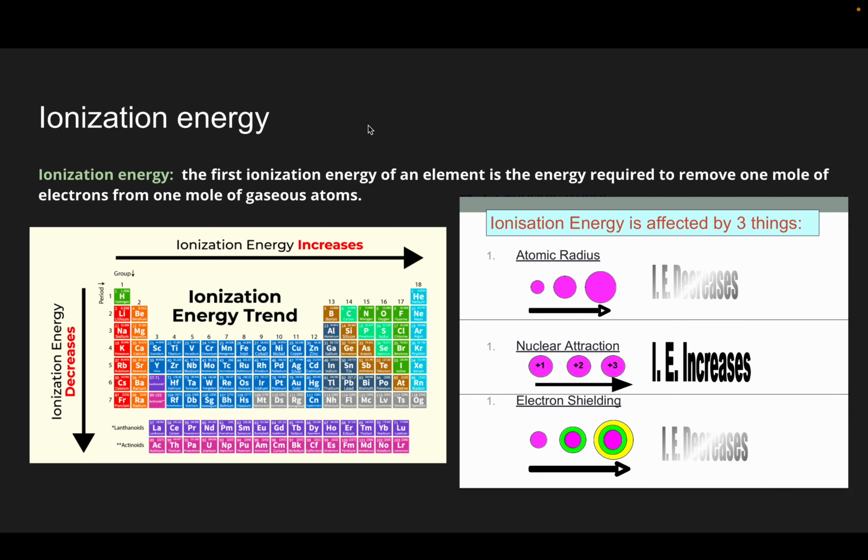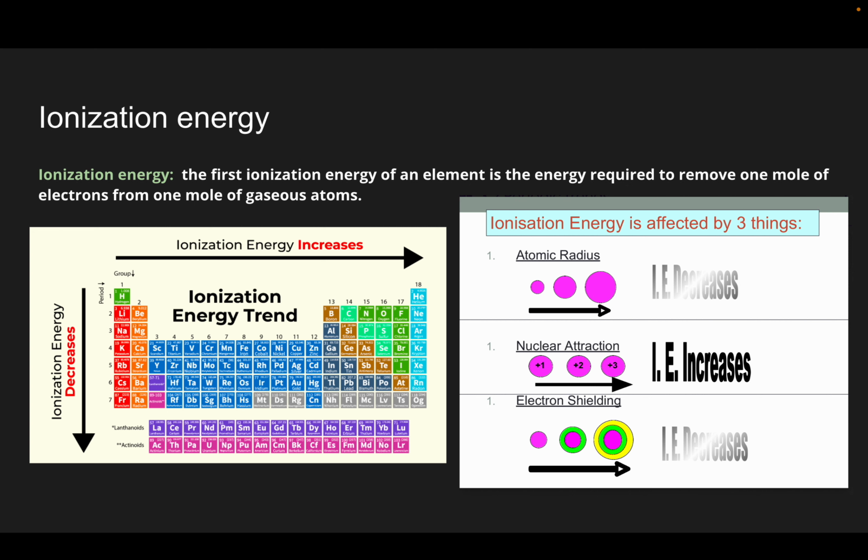Next one is ionization energy. Ionization energy, the first ionization energy of an element, is the energy required to remove 1 mole of electrons from 1 mole of gaseous atoms. You have to know this definition and do not forget about the key terms like 1 mole of electrons and 1 mole of gaseous atoms.